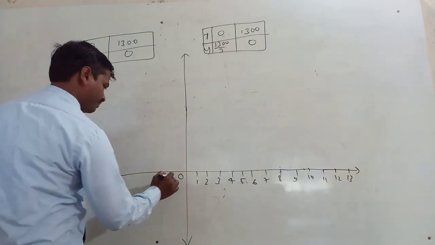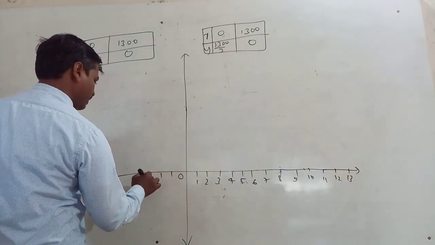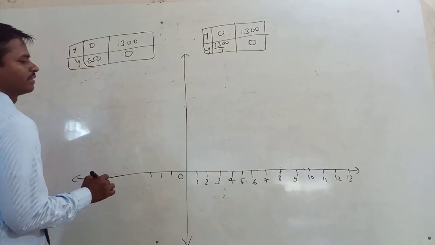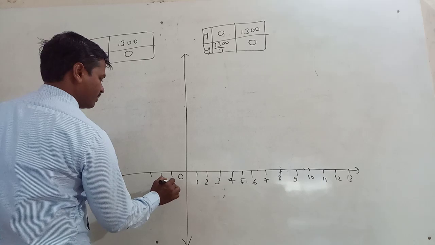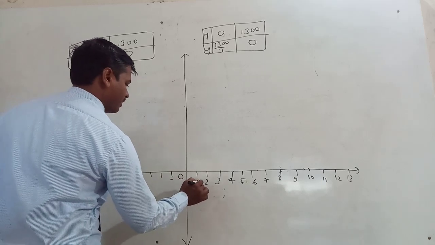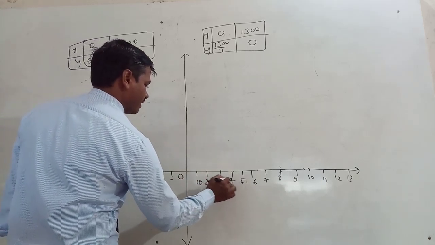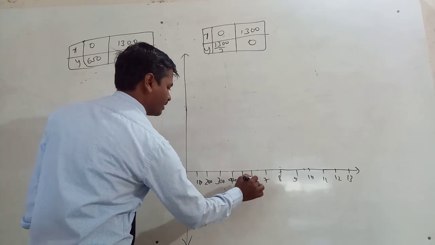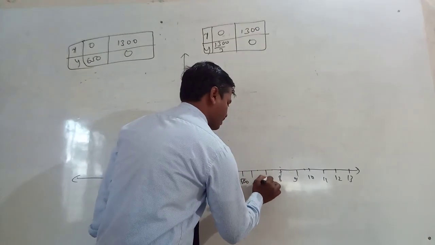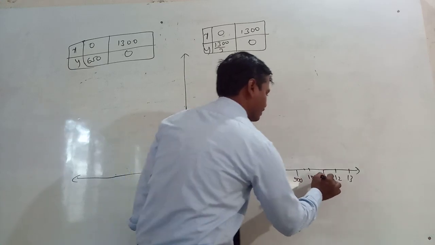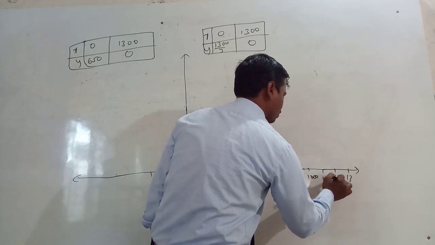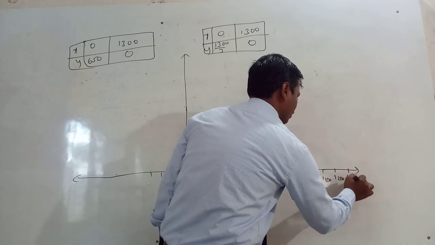This side, 1, 2, 3. Negative points are not there. Look at that. Negative points are not there. 100, 200, 300, 400, 500, 600, 700, 800, 900, 1000, 1100, 1200, 1300.